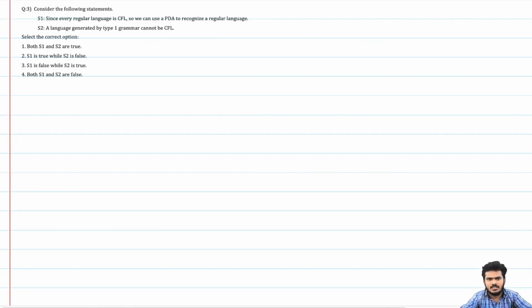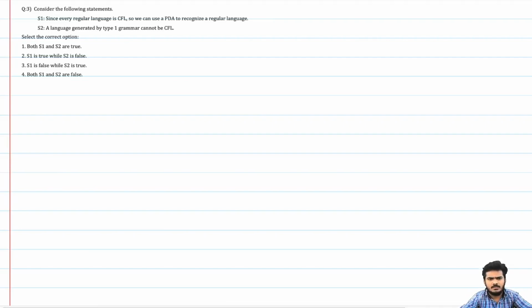Statement two says that a language generated by a type 1 grammar, type 1 grammar meaning context sensitive grammar, cannot be a CFL. We have to identify which statements are true and which are false, and according to the options, choose the correct option.